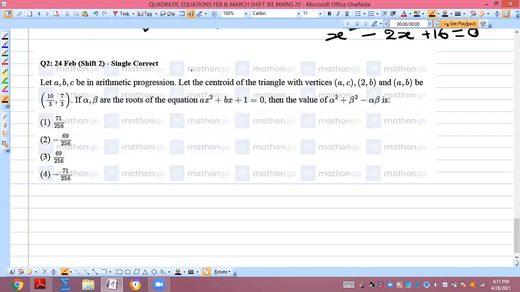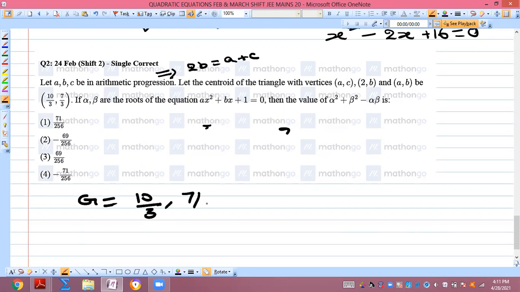Second question. The given A, B, C are in arithmetic progression. A, B, C in arithmetic progression means 2B is equal to A plus C. Basic thing. And the centroid is what? X1 plus x2 plus x3 by 3. So G is given as the centroid, which is 10 by 3 comma 7 by 3.